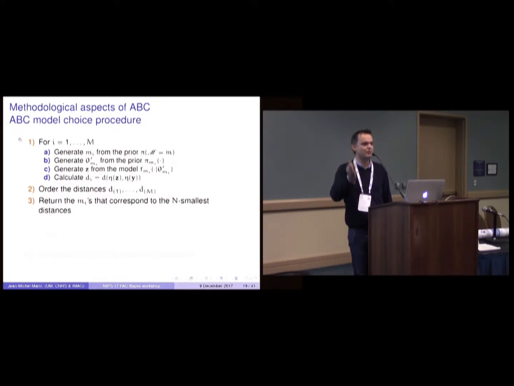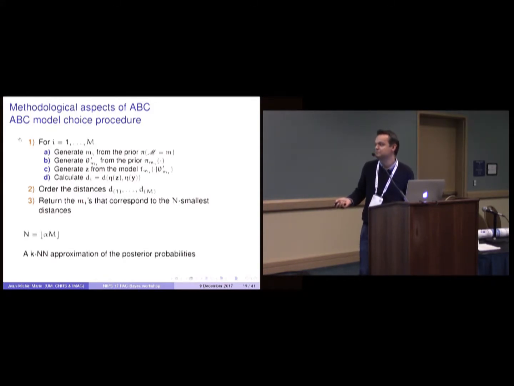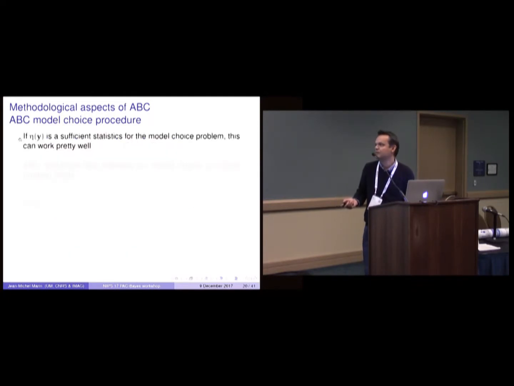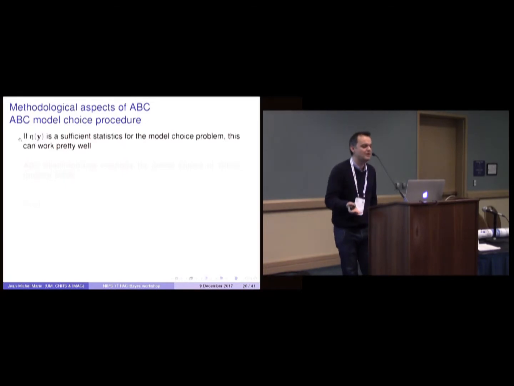So we are in a classification problem. You create your own table where you have model index and summary statistics, and you apply a k-nearest neighbor approximation to estimate the model posterior probability and to select a model. That's the point. Once again, a k-nearest neighbor approximation. So it can work pretty well if eta(y) is a sufficient statistic for the model choice problem. It's quite difficult to have a sufficiency condition on the model and not on the parameter.